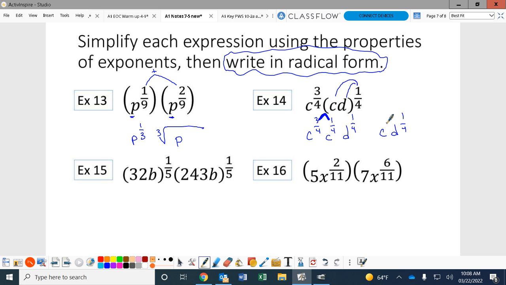There's no fraction on there. You've already simplified that. That's going to stay out here on the outside. The d, however, needs to go inside. That d is going to be to the 1/4 power. The 1 is going to go on the inside, which we don't write, and the 4 is going to go on the outside.